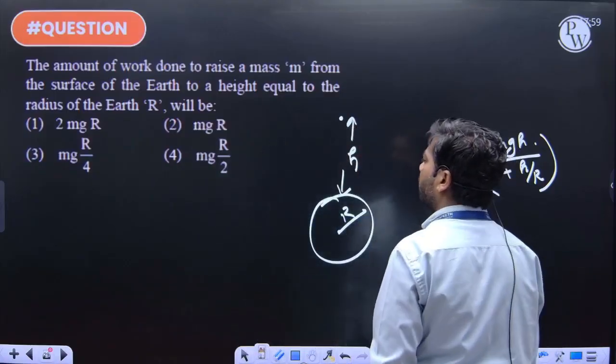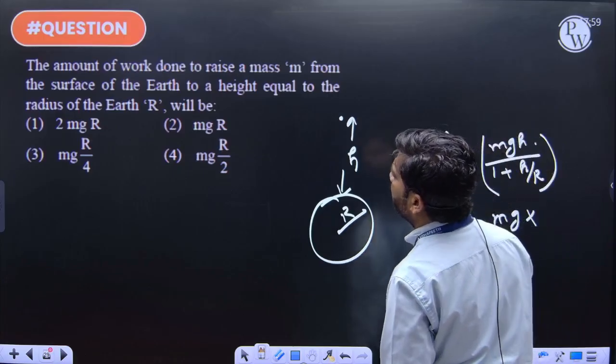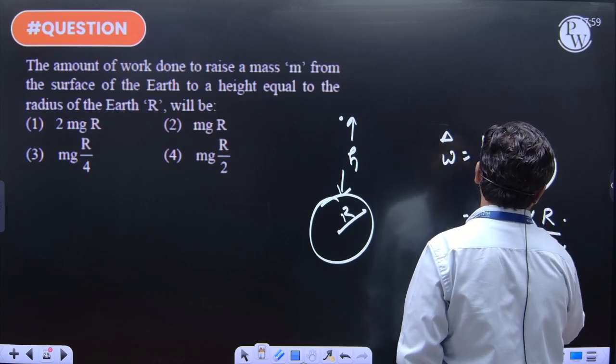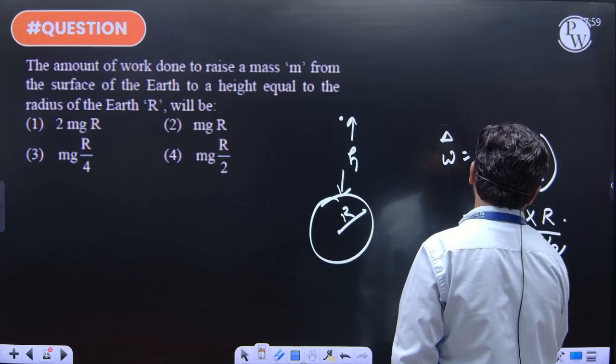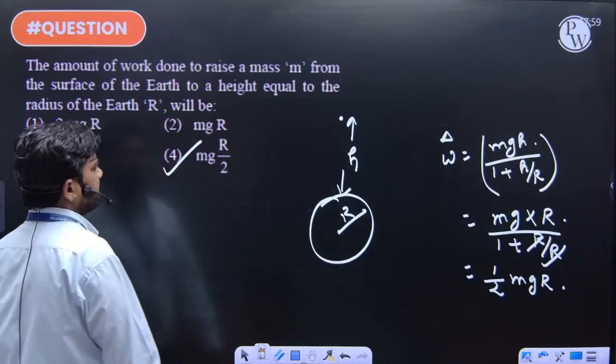So the work done to raise it to a height equal to the radius of the earth is mgR divided by 1 plus R by R. So this is 1 by 2 mgR. Done.